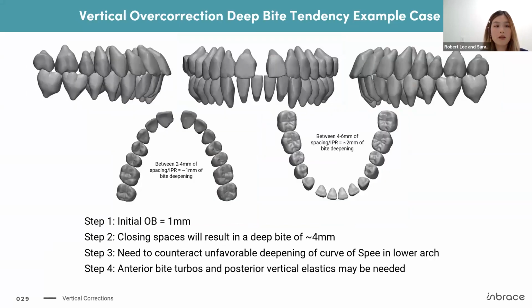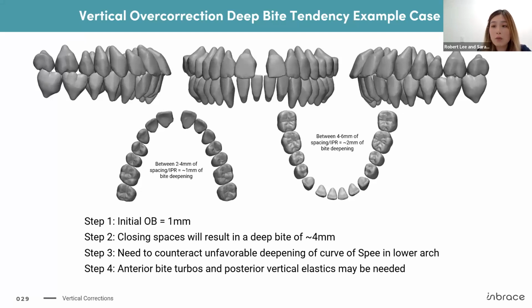So for this, you do have a deep bite tendency case. The patient looks like they're in a little bit of an open bite, but there is a lot of spacing going on. In your upper arch, you have between 2 to 4 millimeters of spacing, which equates to about 1 millimeter of bite deepening. On the lower arch, you have between 4 to 6 millimeters of spacing, which is around 2 millimeters of bite deepening.